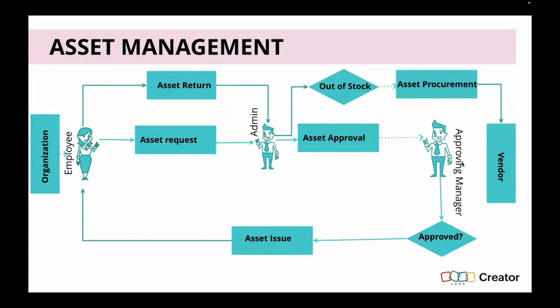So again, the cyclic process happens. The purchase quotation, purchase intent, and purchase order will be raised to the vendor, and after that, the inward or the GRN process will happen, and the assets will be stocked within the inventory, right? And whenever the employee leaves the organization, the asset will be returned to the company by the employee. So this is the holistic process of asset management, right?